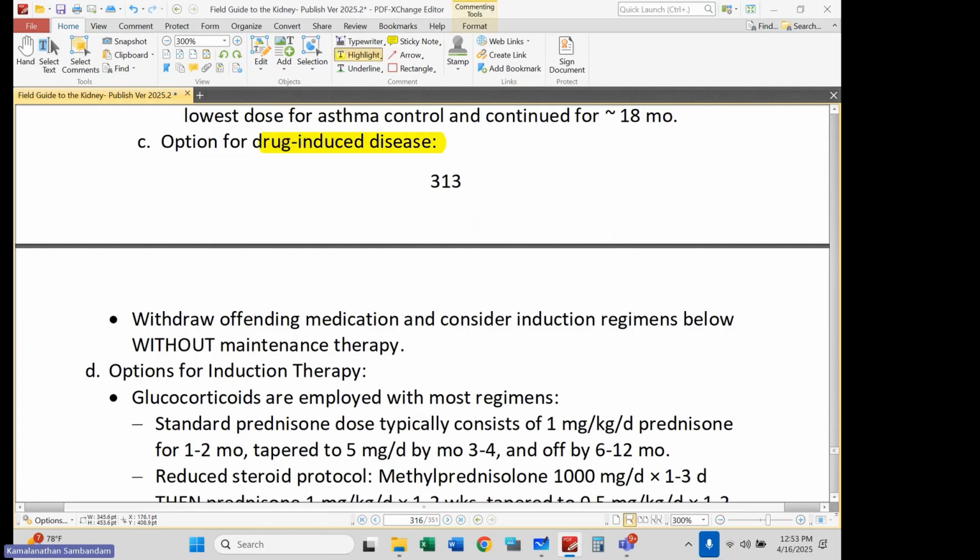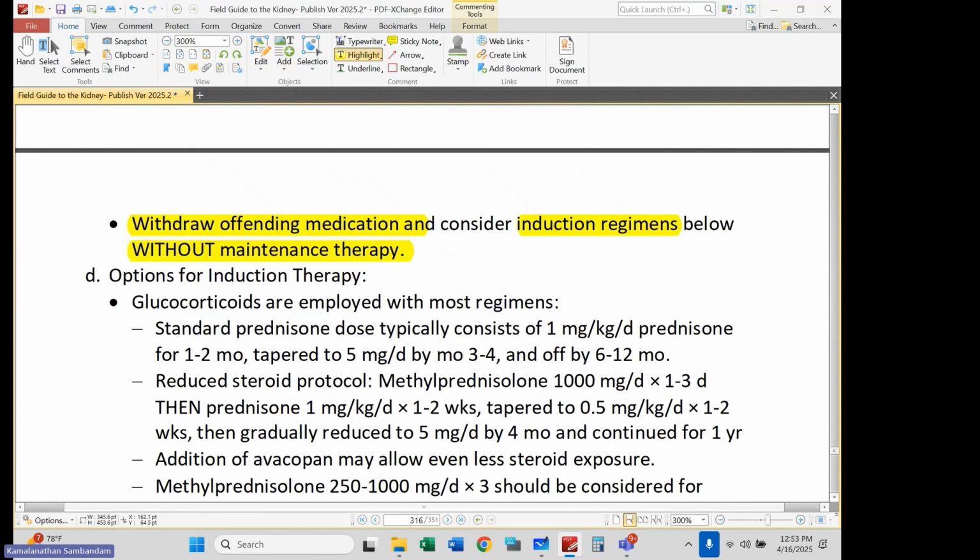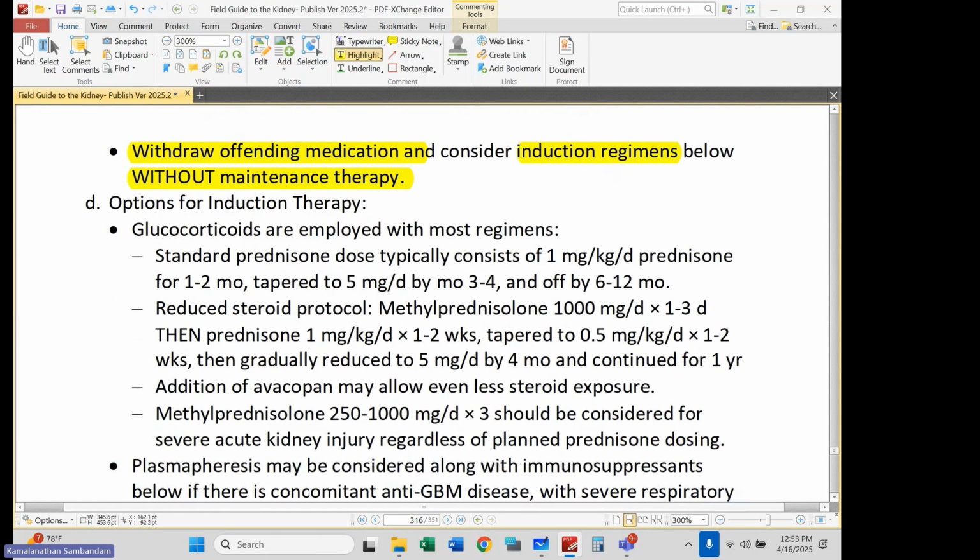For drug-induced disease, we withdraw the offending medication, and then we generally immunosuppress, right? But we don't necessarily use a maintenance phase. It would be hard to muster the courage to say, I'm just going to stop your hydralazine and watch you, with a creatinine of 1.7 and 20% crescents on kidney biopsy.